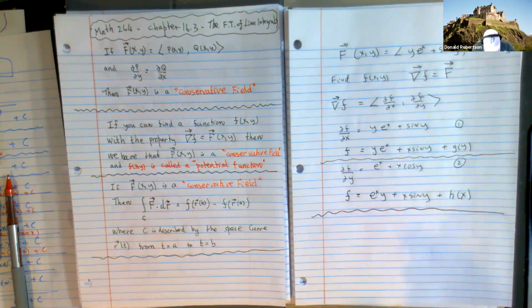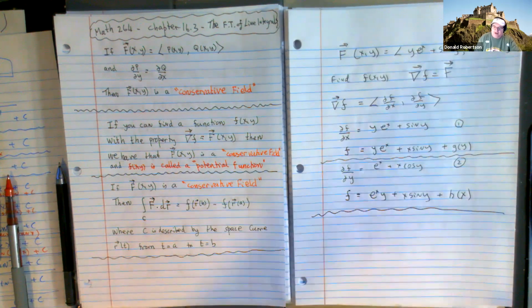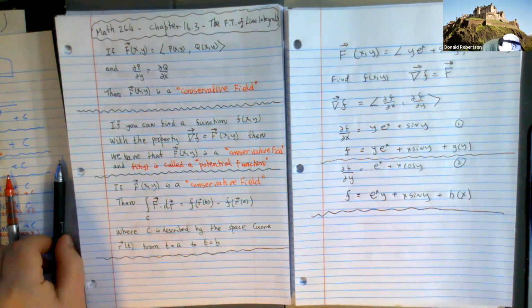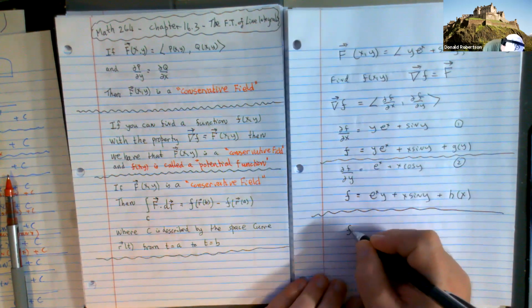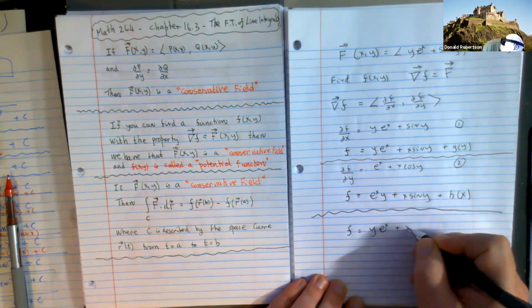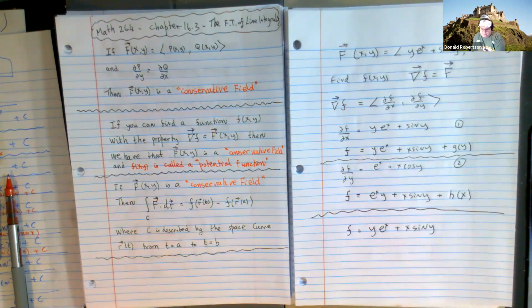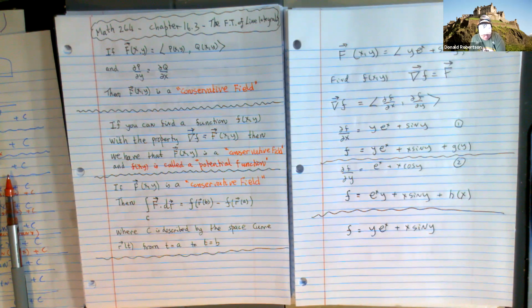Now, what you will do is you will look at both of these answers and you will merge them together. Well, in this case, the merging is quite easy. You get that? Are you comfortable that the potential function little f is this guy?